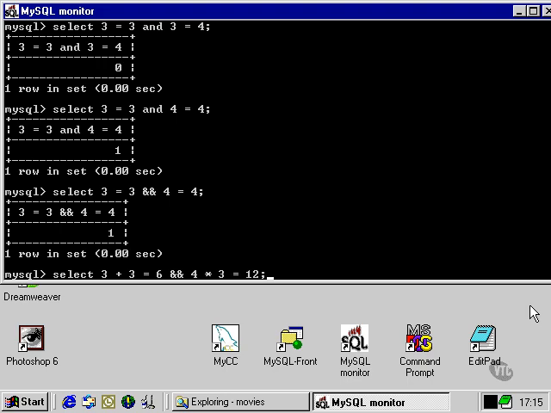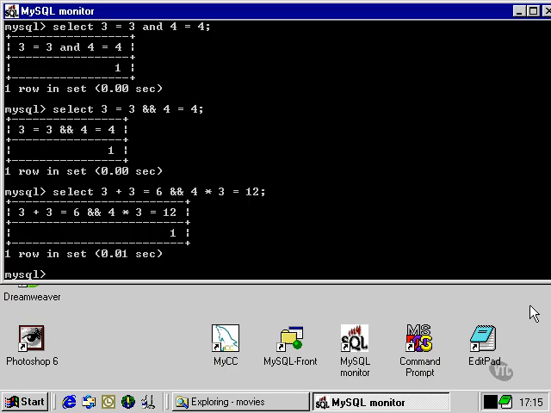If it's true that 3 and 3 are 6, and it's also true that 4 times 3 is 12, then return a true response, which it does. So as we can see, we can make our statements and our expressions as complex or as simple as we require for our specific needs. So those are the AND and OR operators.